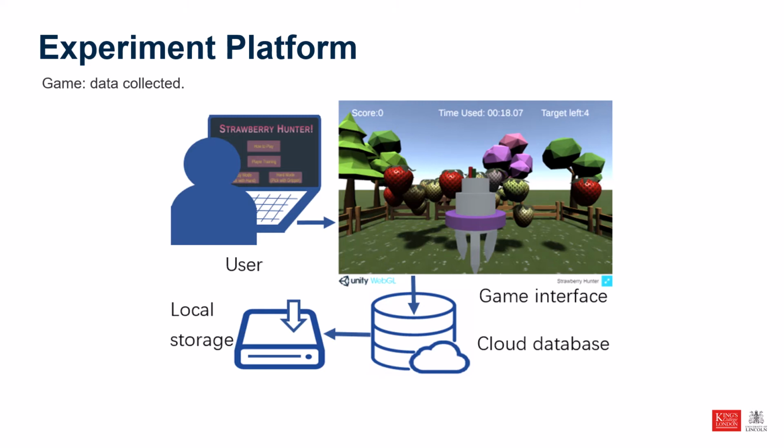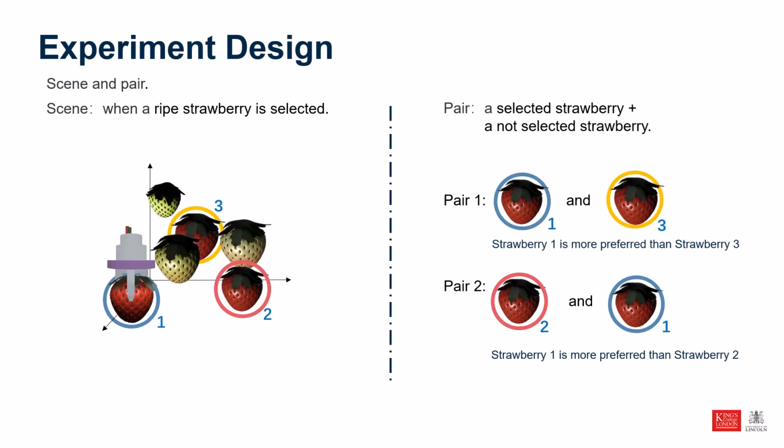And it is cleared from the cloud storage and moved to local storage at intervals for safety reasons. To analyze the user's preference when collecting strawberries, anyone above 18 is welcome to take part in the experiment. The ethical approval is granted to this research already.